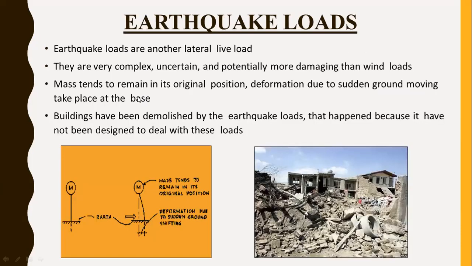Next one is the earthquake load. Earthquake loads are another lateral live load. They are very complex, uncertain, and potentially more damaging than wind load. Because wind load is only in the atmosphere, but earthquake loads basically come from the earth, from vibration and the moving of tectonic plates.